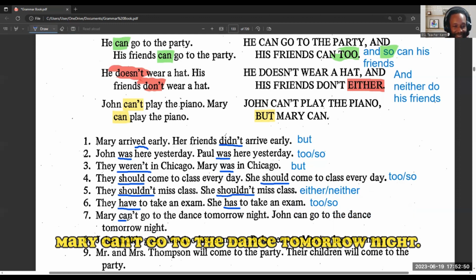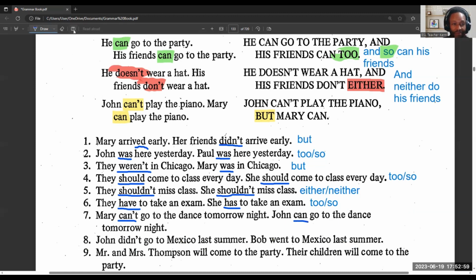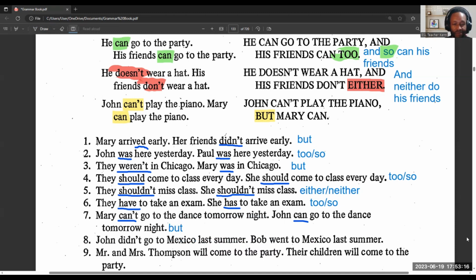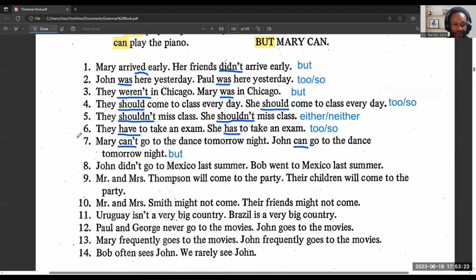Mary can't go to the dance tomorrow night. John can go to the dance tomorrow night. Mary can't go to the dance tomorrow night, but John can. Okay.